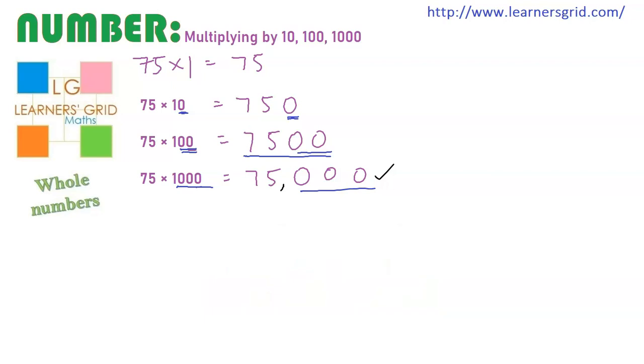Okay, and one further way I just want to illustrate, it's probably more old school. It's not all that common these days in schools to teach this method, but it's just as effective. If I had 75 times 10, you could look at it like this. Convert 75 to a decimal number, so 75.0. And why not put a couple of extra zeros for good luck?